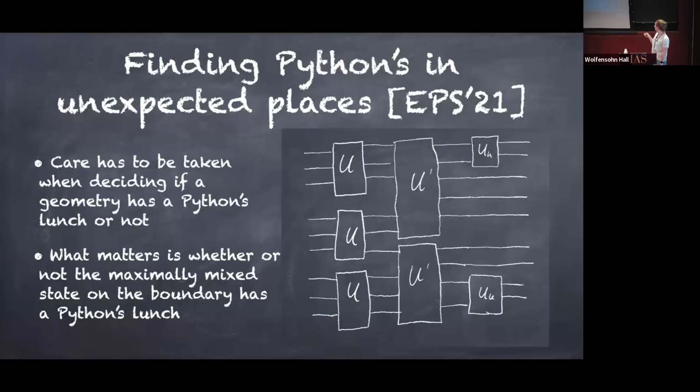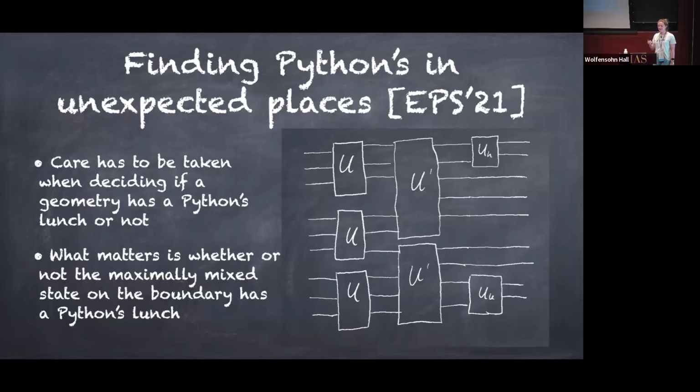But the U_k here are sampled from some set of random unitaries. For each key k, we're going to apply a different random unitary. Now, if you just look at this circuit, you'd think there's no Python's lunch geometry here. There is no minimal surface, everything's just fixed width. So there's no Python's lunch. But that's a bit too simplistic.